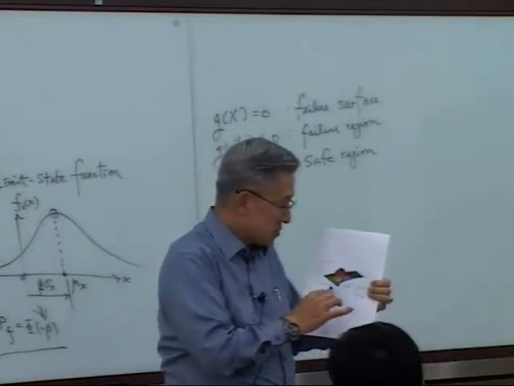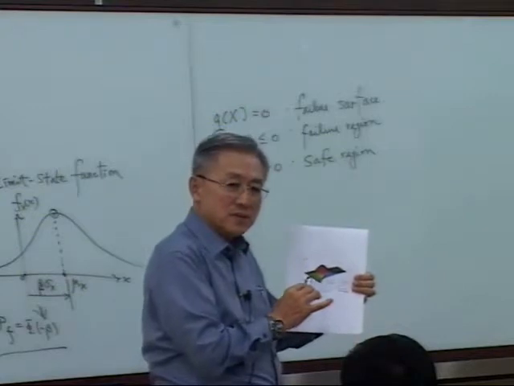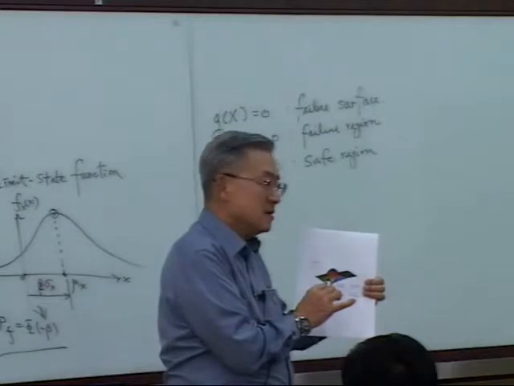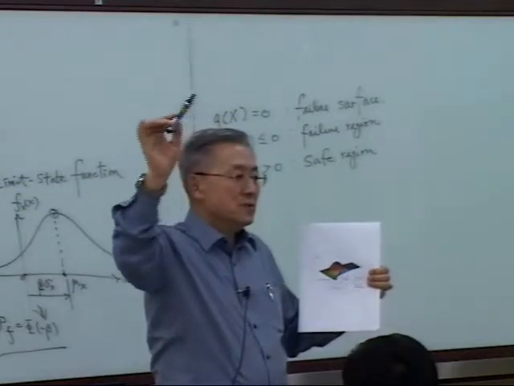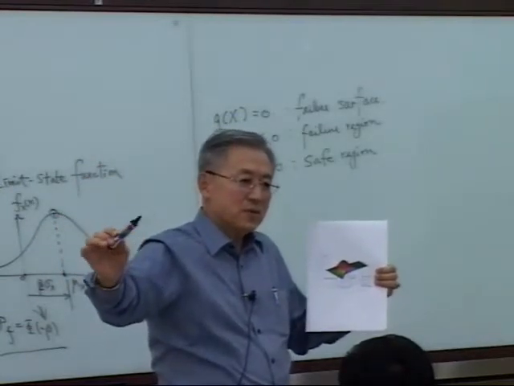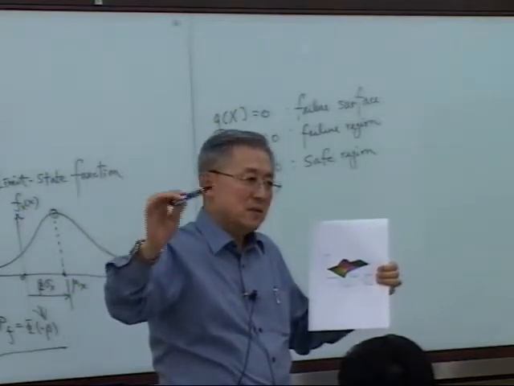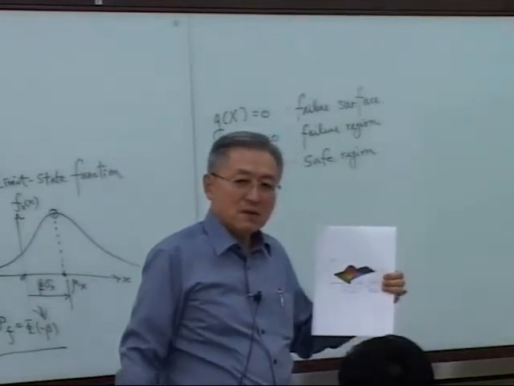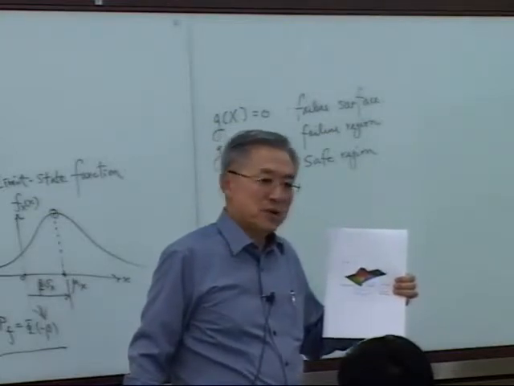Okay, so this contour line has a meaning, because we're going to transform all this from the complex physical space into the other space. The developer happened to be Rosenblatt, so I could say Rosenblatt space, or normal probability space.